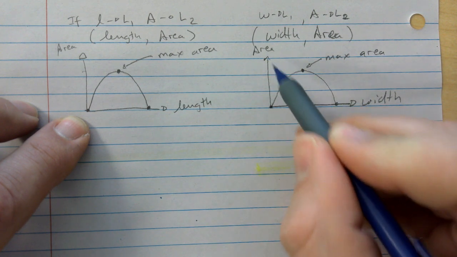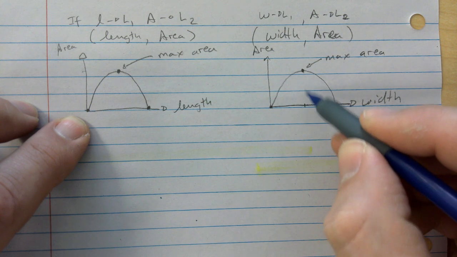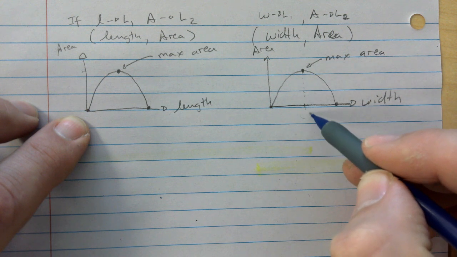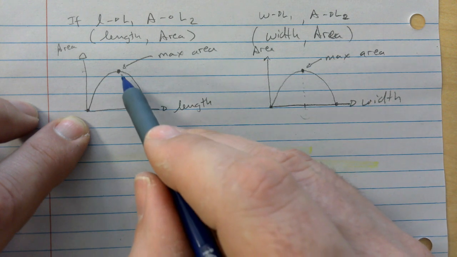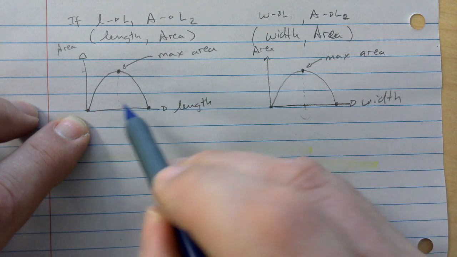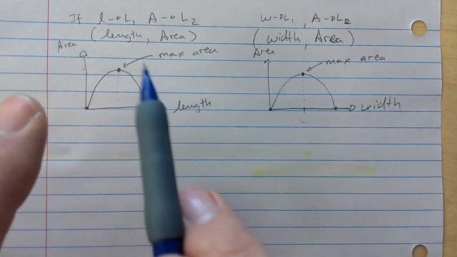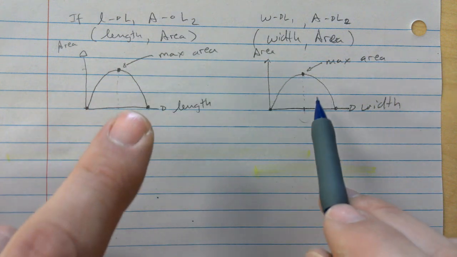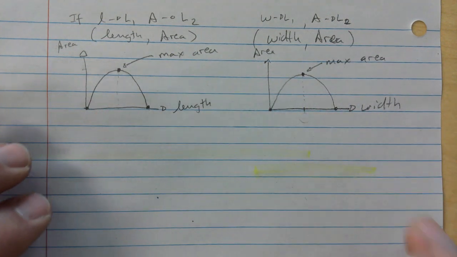This point is still going to be the highest area, but you're going to know the width, right? If you find the x value, which you get from the vertex, you find that particular width that would give you that maximum area. If you graph this and you find the vertex, it will give you the length that will give you that maximum area. We do not do both. We usually only stick with one, okay?